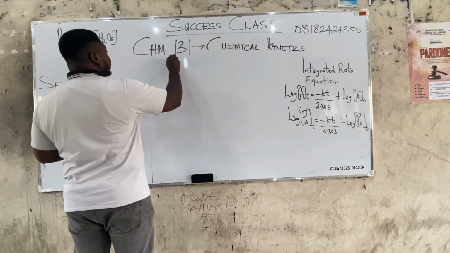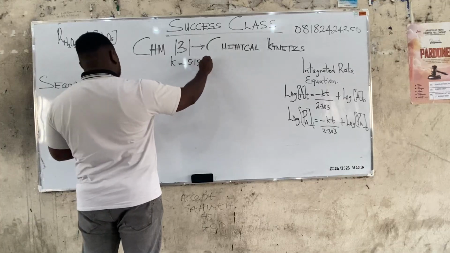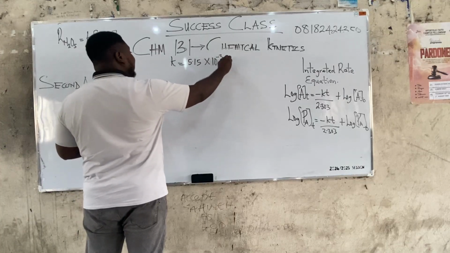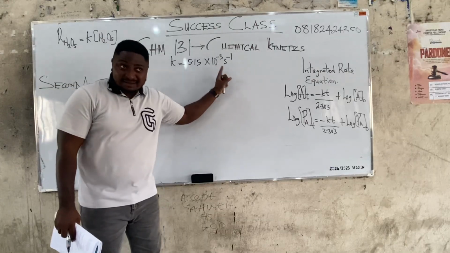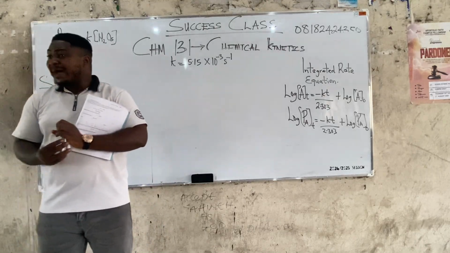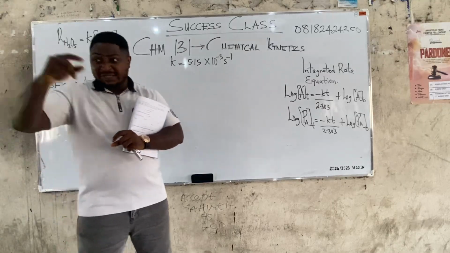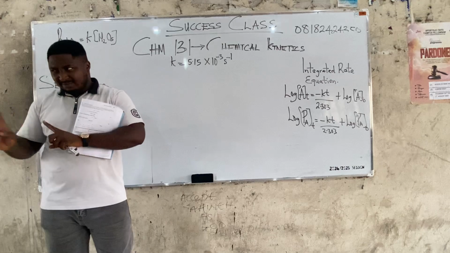If k equals 5.15 times 10 raised to the minus 3 per second. Class, note the unit of k even in this question, per second. The unit of k in the first order reaction is per second. I wish you could go back to when they gave us k in that example of zero order. Check the unit, see that it's mole per liter per second. Note this changes.